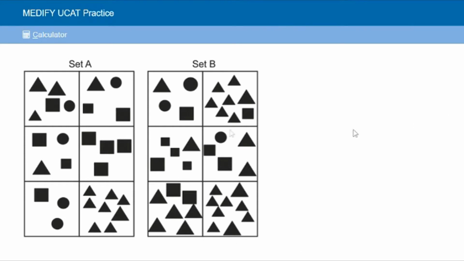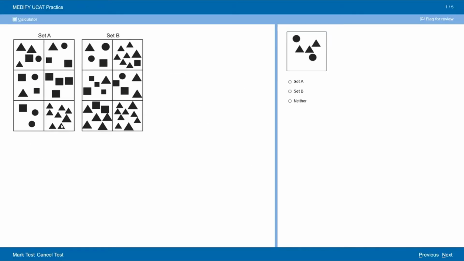To do this, you look at the most simple boxes, usually the ones with the least amount of shapes. So there's 2 circles and 1 square, 2 squares, 1 triangle, 1 circle, 4 squares, 8 triangles, and from that you think, what is the relationship?